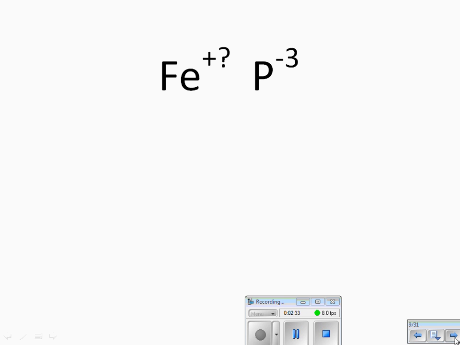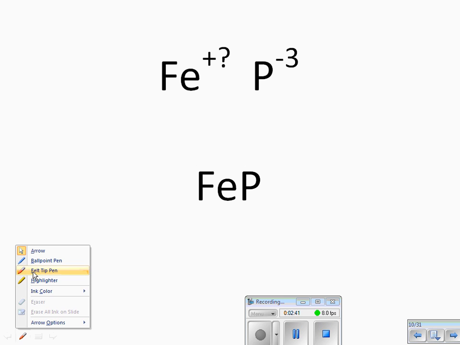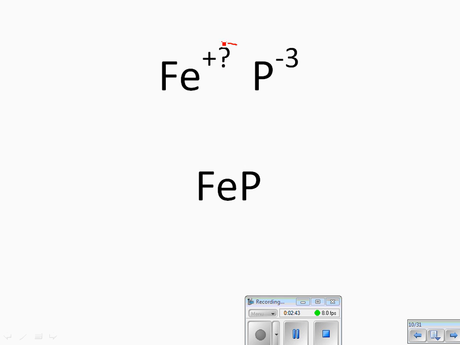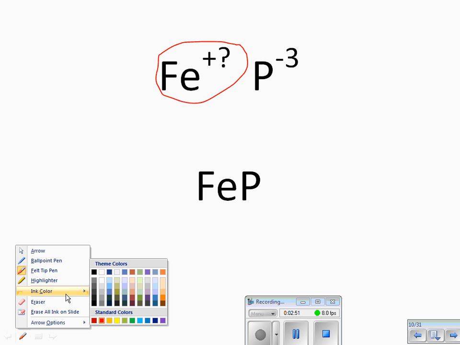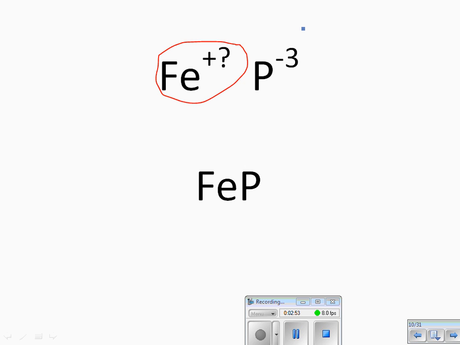We don't know the charge of iron, but we do know that they combine in a 1-to-1 ratio. So let's draw our picture around here, and let's visualize this as one molecule. There's our cation, and we are only going to have 1 anion attached to it.